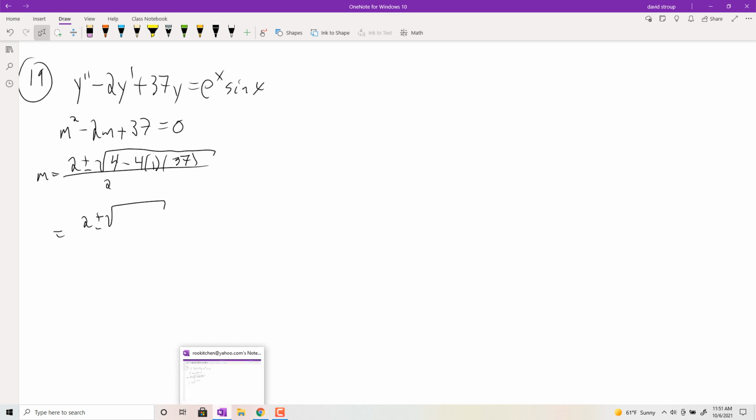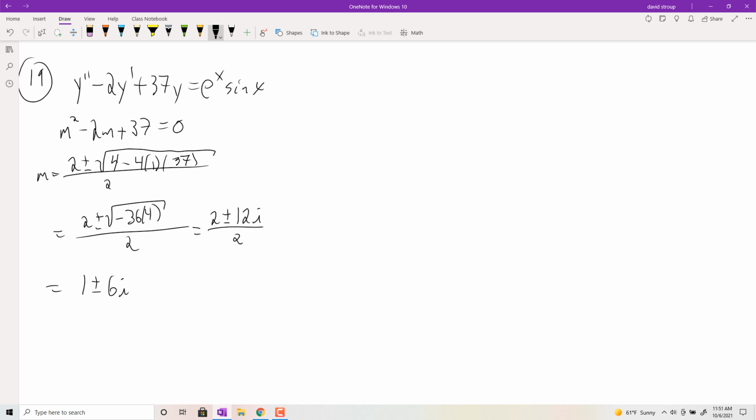Or you could think of it as 4 times 1 minus 37, which would be negative 36 times 4, over 2. And then you'd have 6 squared times 2 squared, which would be 12 squared. So the square root of 12 squared is 12. So you get 2 plus or minus 12i all over 2. And that would be 1 plus or minus 6i for your solution.